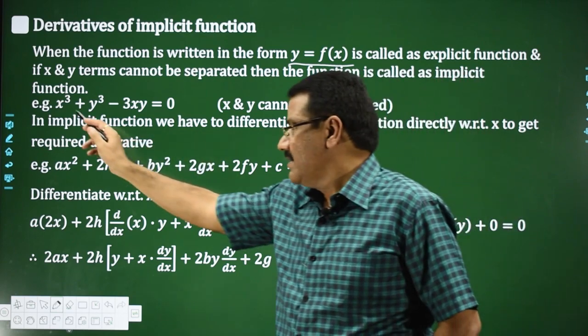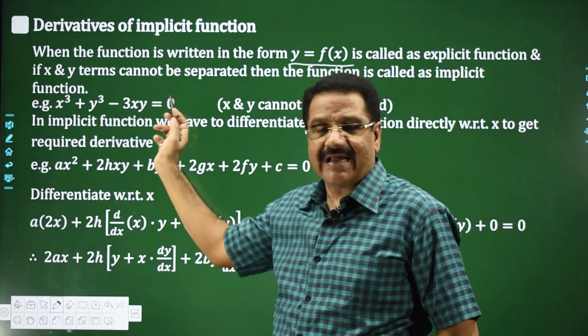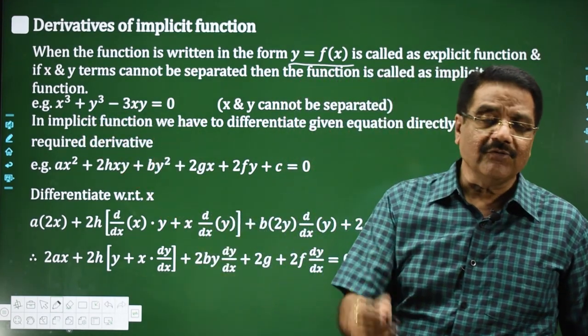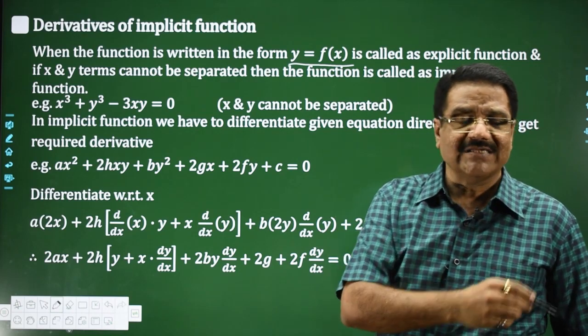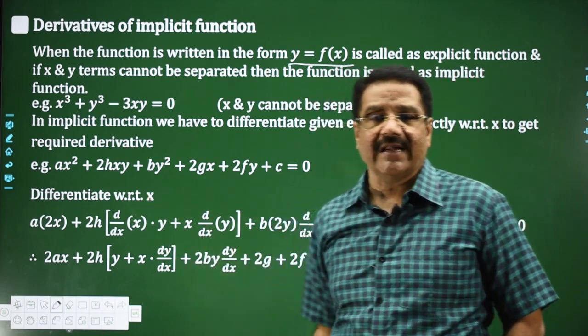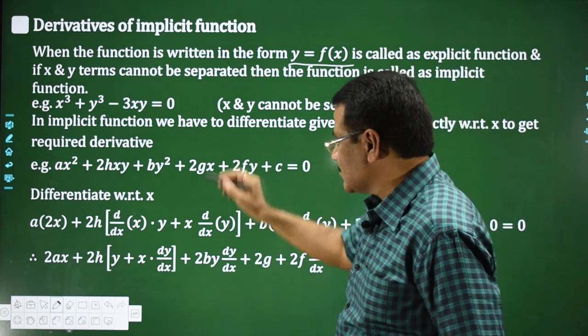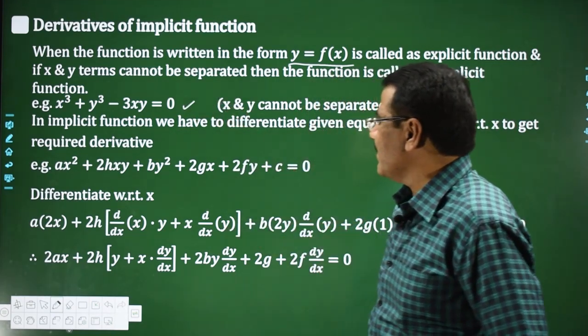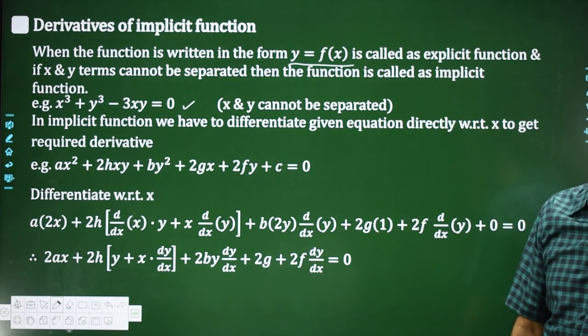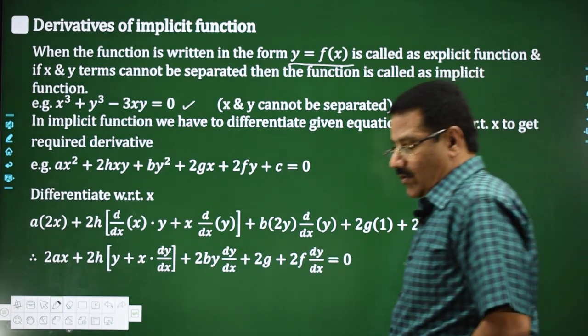Take this example, x cube plus y cube minus 3xy equal to 0, and try to take all x terms to one side and y terms to the other side. You will find you are unable to do this, and that is why such an equation is called an implicit equation. Okay.